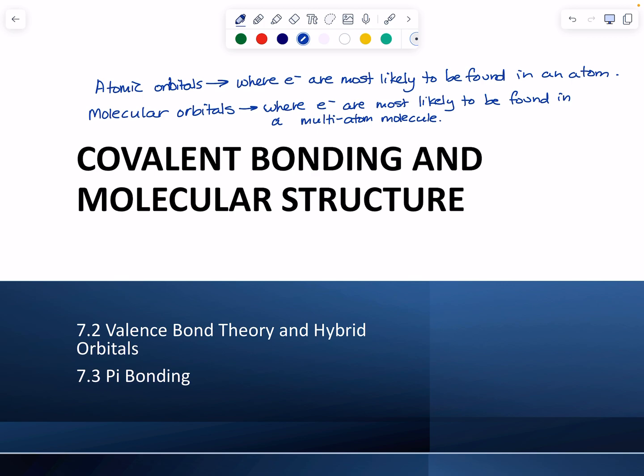But when we talk about things like VSEPR theory that we use to get those ideal geometries, that is in essence a simplification of the quantum mechanics, okay? So the valence bond theory that we're going to talk about, okay, is a way of thinking about where electrons are.